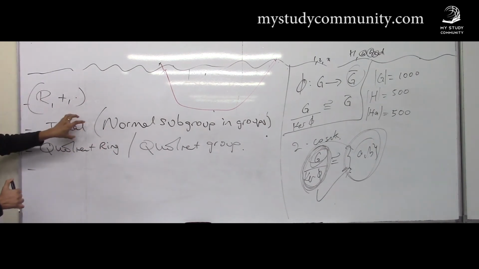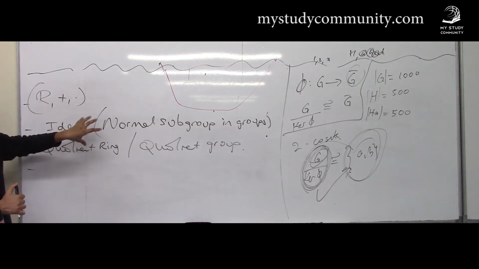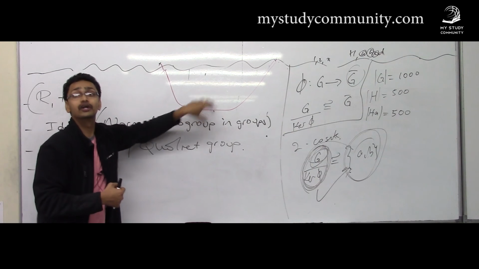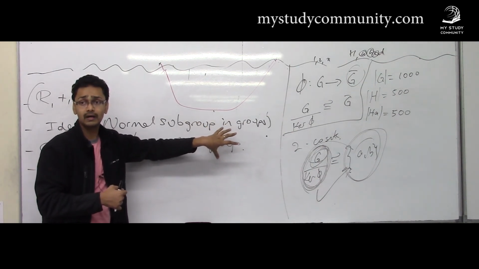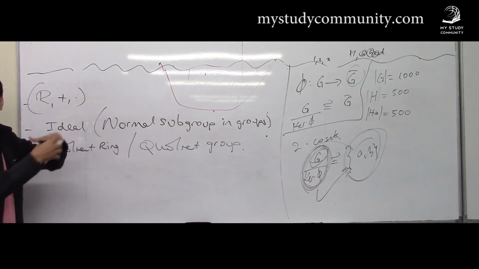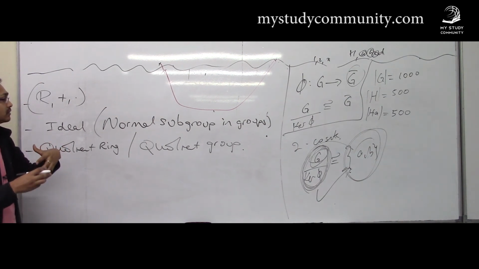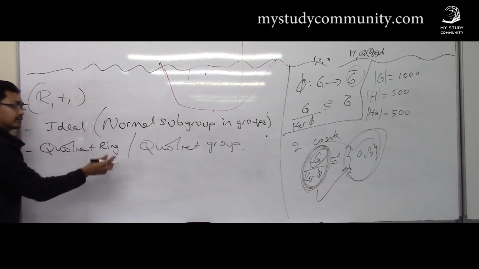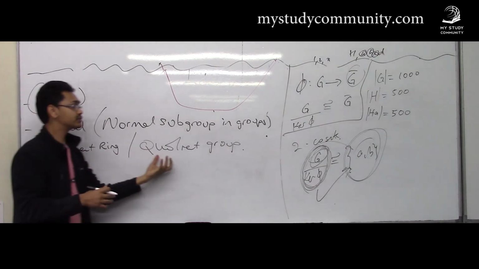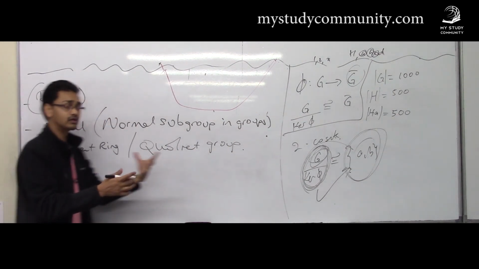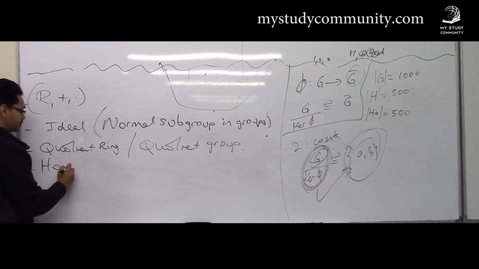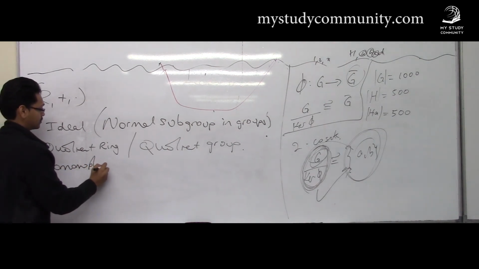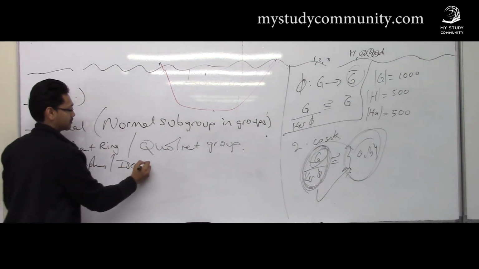Yeah, so the ideal in a ring is analogous to a normal subgroup in a group. You follow? But we didn't. Yeah, right? So the quotient ring in rings is analogous to the quotient group in groups. You follow? Then we have homomorphism and isomorphism.